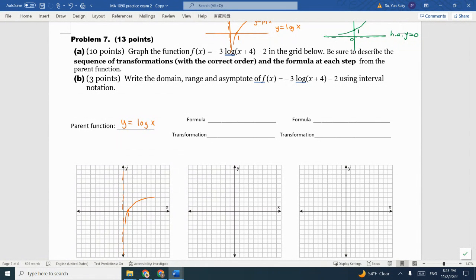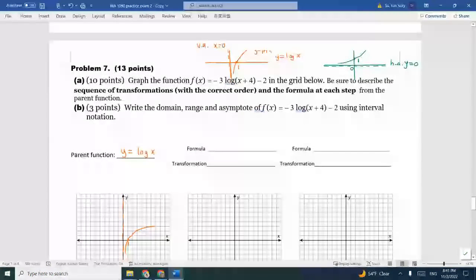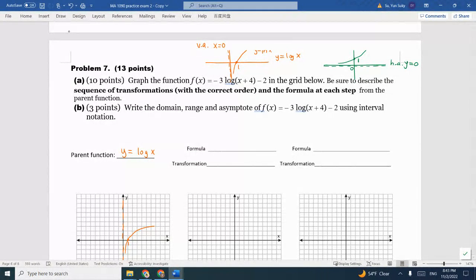All right, and then transformations. What is the order of transformations? So let's review. First step, we shift left or right. Shift left is plus, shift right is minus. Second step, we reflect over the y-axis, which means you will see a minus sign in front of x.